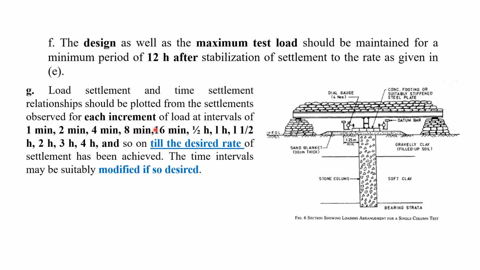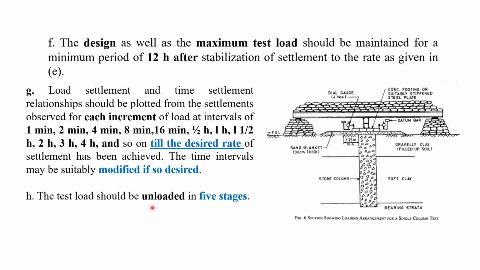So at this timing, after putting the load, we have to measure the settlement with the help of the dial gauge, and so on till the desired rate of settlement has been achieved. The time intervals may be suitably modified, so this timing can also be modified as per our requirement.